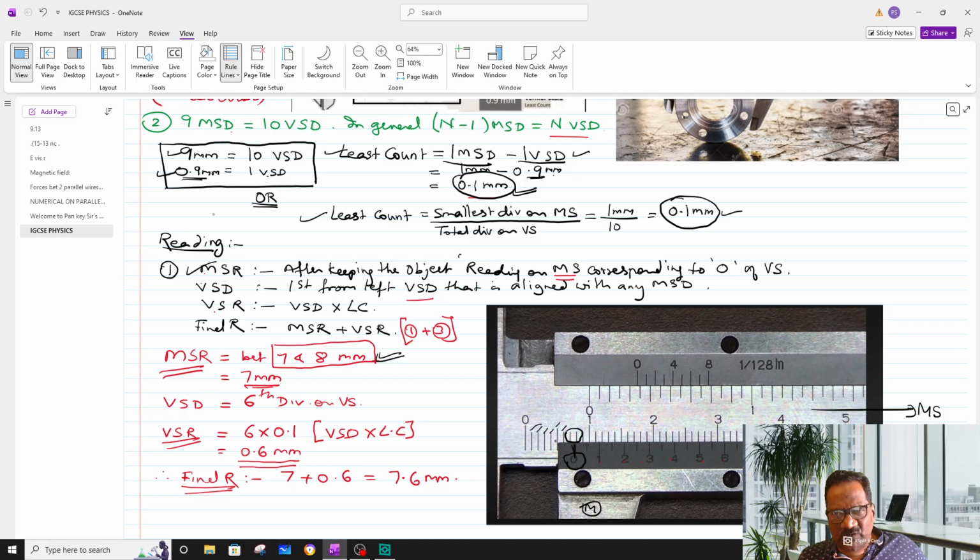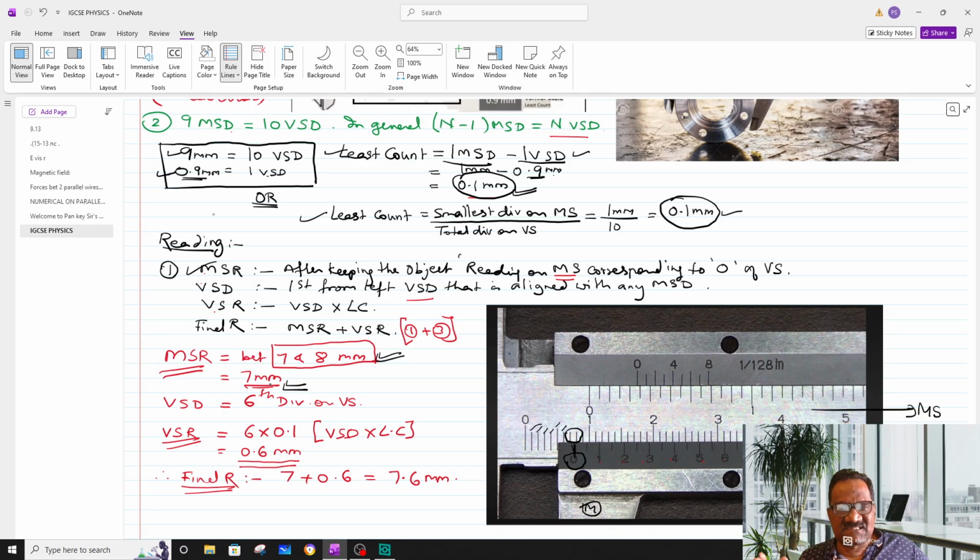If it was on the 8 millimeter marking, you write 8 millimeter. But if it is in between 7 and 8, whether you feel it is near to 8 or near to 7, don't make any judgment. You have to take the lower reading. Now in this case, your zero is between 7 and 8 millimeter, so I take the lower reading, that is 7 millimeter. So my main scale reading is 7 millimeter.